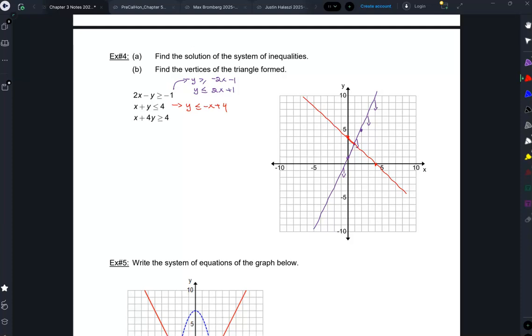Am I going to shade above or below for this one? Below. Okay, vertically down. And then the last one, 4y is greater than or equal to negative x plus 4. Y is greater than or equal to negative 1 over 4x plus 1.